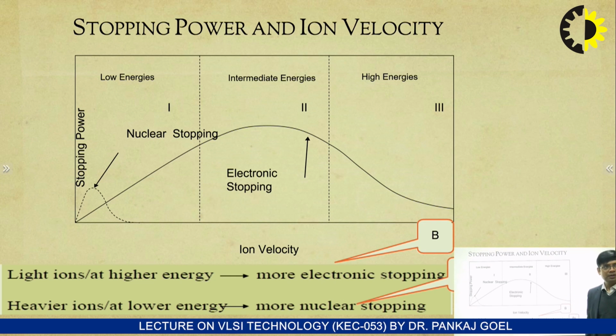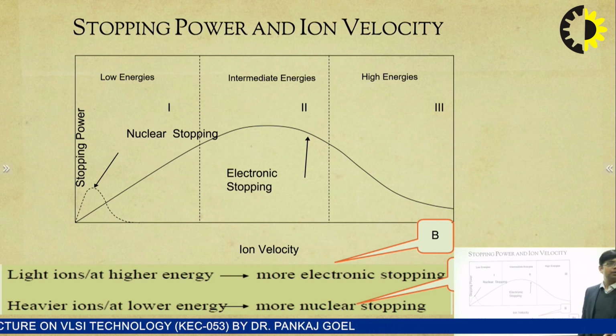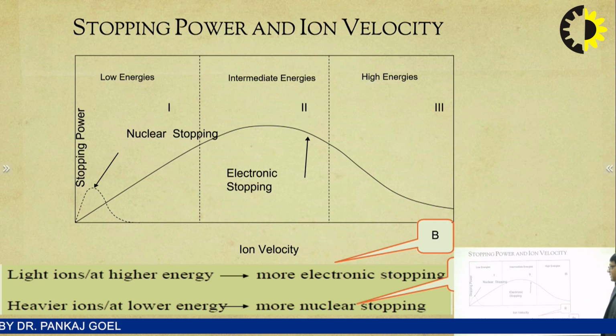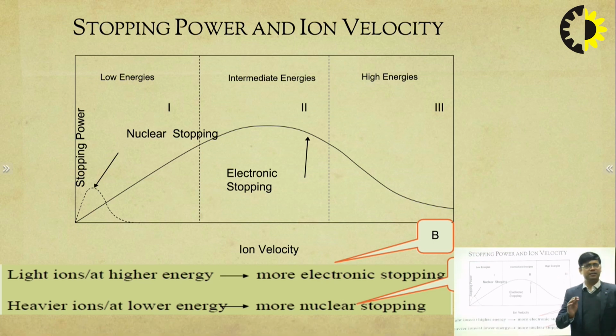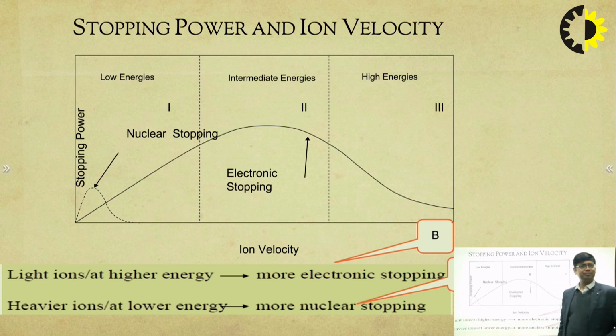Now here we can see the comparison between ion velocity and the stopping mechanism. If the ion velocity is low, that is the energy of the dopant ion is less, then primarily it is nuclear stopping.